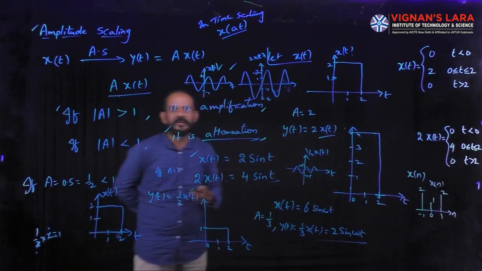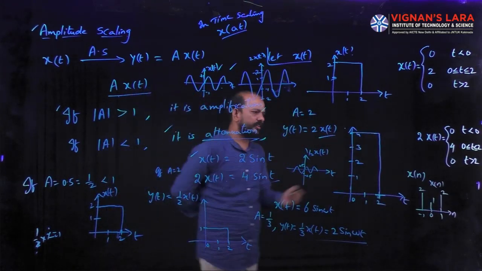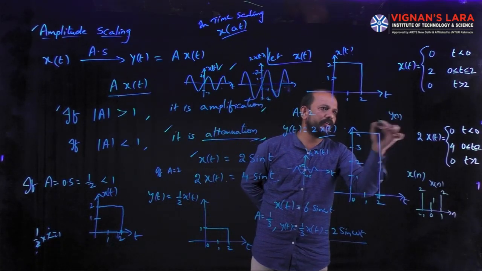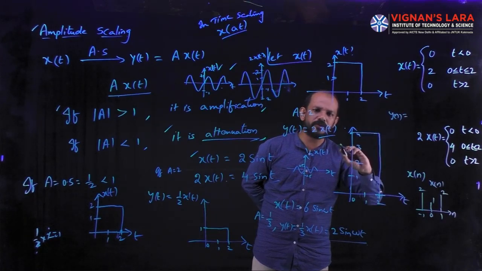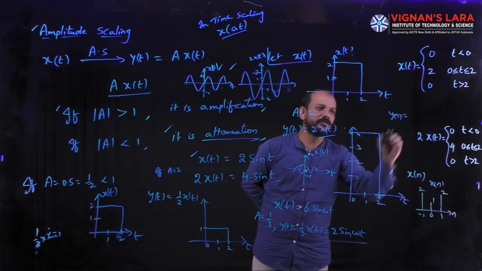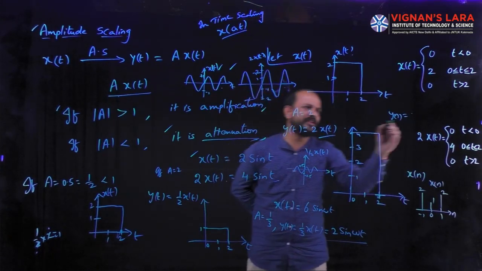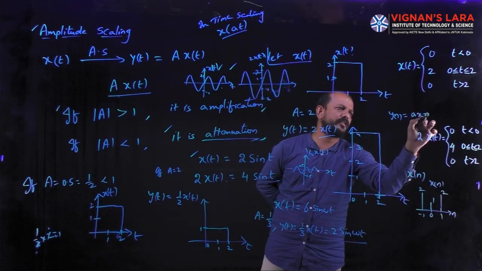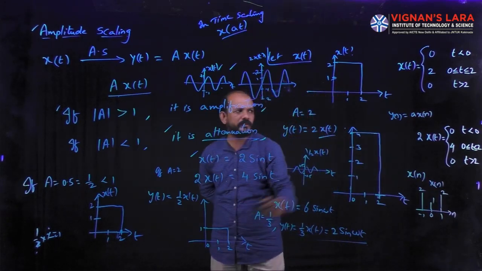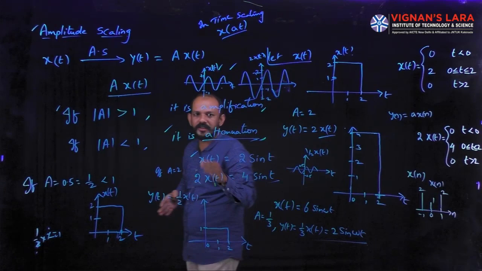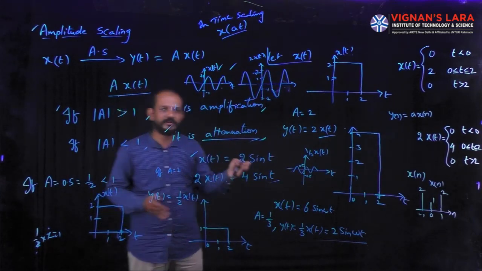Now, we have to consider the amplitude scaling of this version, y of n, and y of n will be equal to some constant. Here I have taken small a, you can take capital A or whatever. If mod of small a is greater than 1, then it will go for amplification.